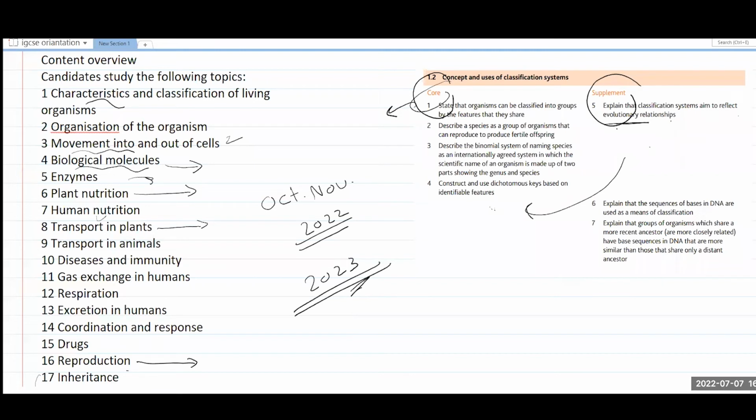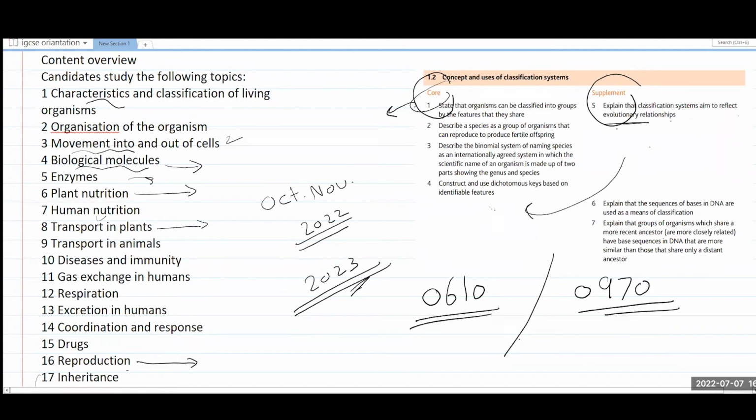There are two codes for biology, especially in Egypt. We prefer the one which is numerical, 0970. These two codes for biology have the same syllabus content, the same chapters, everything. The only difference between them is the reporting of the result.